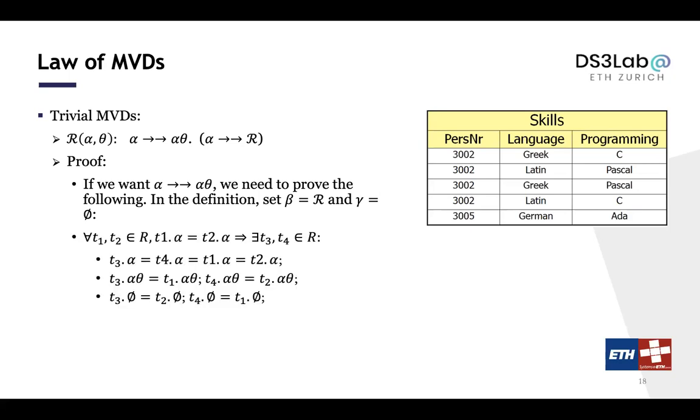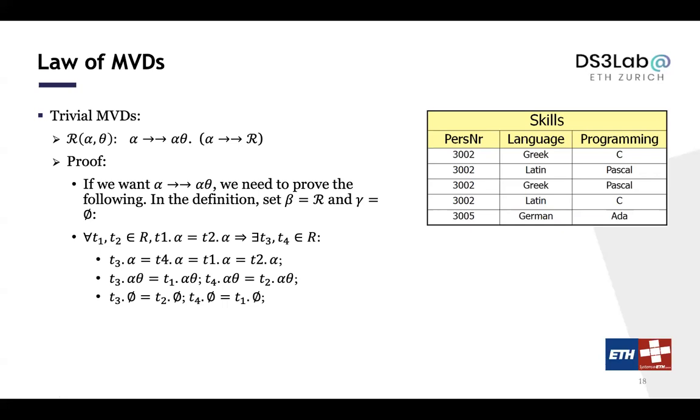So essentially, you want to prove that for all pairs T1, T2 in R, if these two tuples match on the value of alpha, there exist T3 and T4 such that they all match on alpha, T3 and T1 match on alpha theta, and T4 and T2 match on alpha theta.